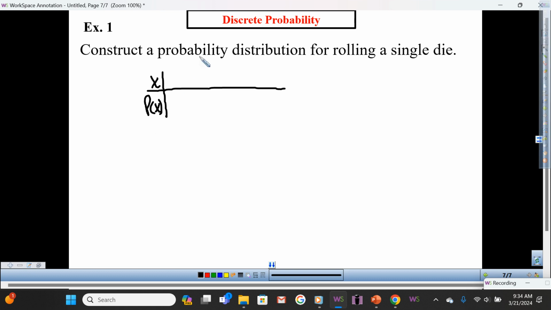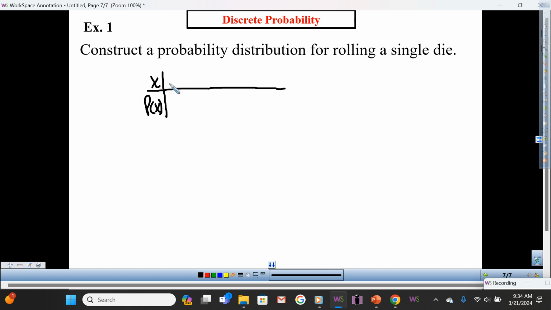So, tell your neighbor what to write on top for our rolling a single die. What shall go on top? Looks like we got it, Caleb, right? So tell me what to write on top. Yes.